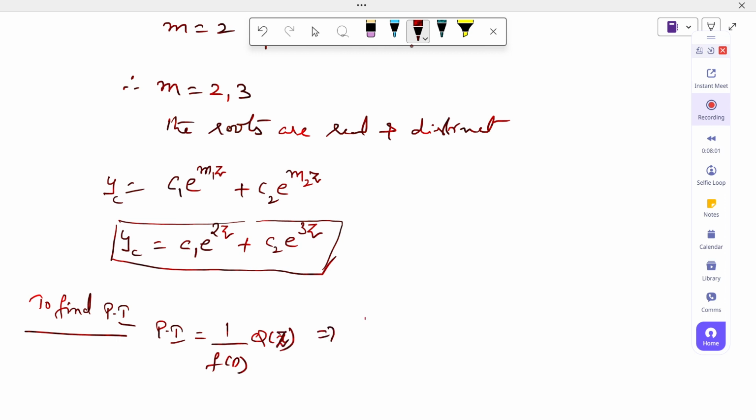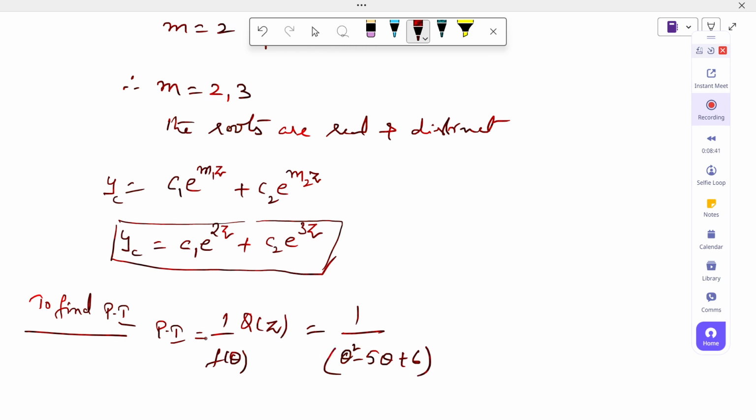The formula is 1 divided by f of theta into e to the power of Q of z, which equals 1 divided by f of theta, that is theta square minus 5 theta plus 6.